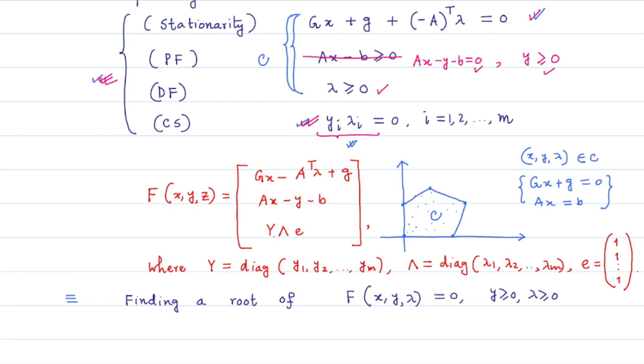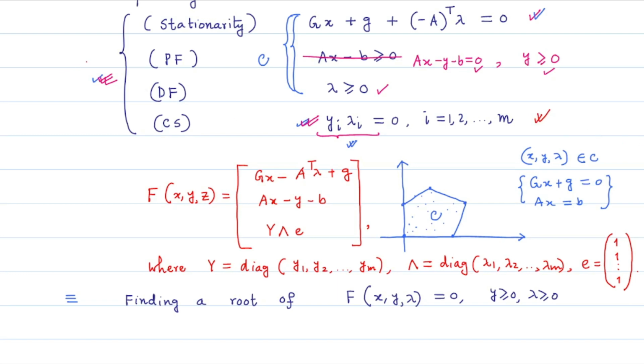Now if we consider Y Lambda e equal to the zero vector, then you notice that this Y Lambda e essentially gives us a column vector consisting of the first component y1 lambda 1, second component y2 lambda 2, and the mth component ym lambda m, and therefore Y Lambda e equal to zero essentially involves all these m equations in the complementary slackness condition.